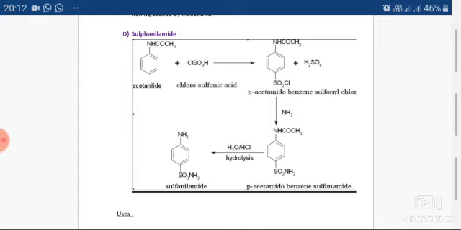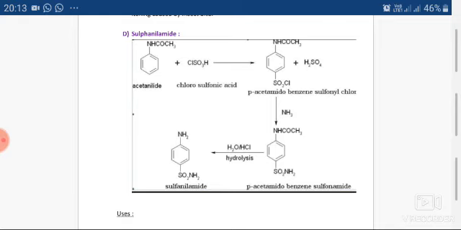Now in the preparation of acetanilide, we have used aniline and acetic anhydride, and this acetanilide was prepared to protect the amine group of the aniline.